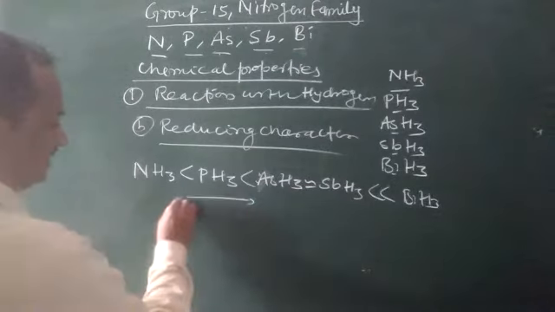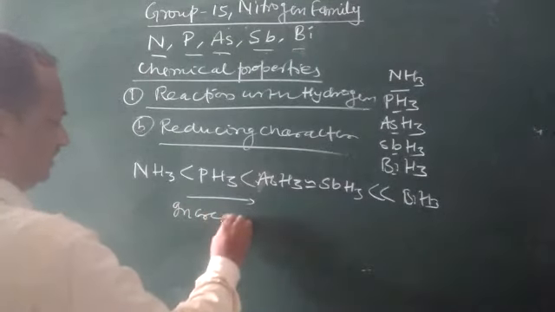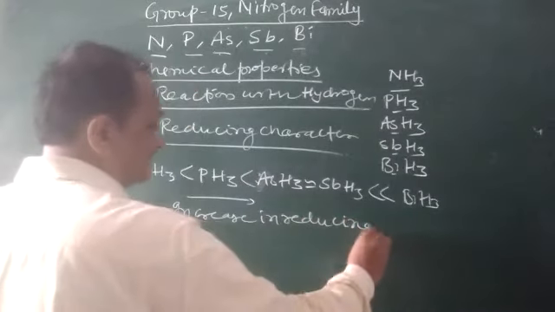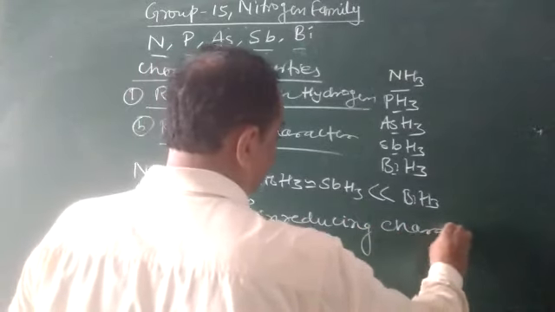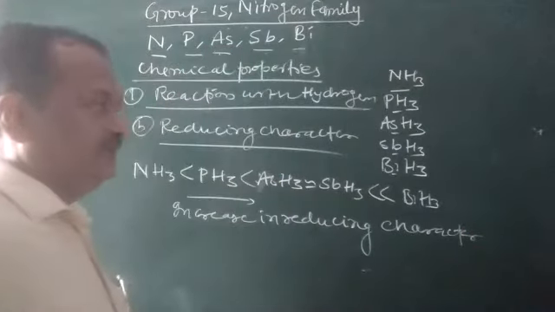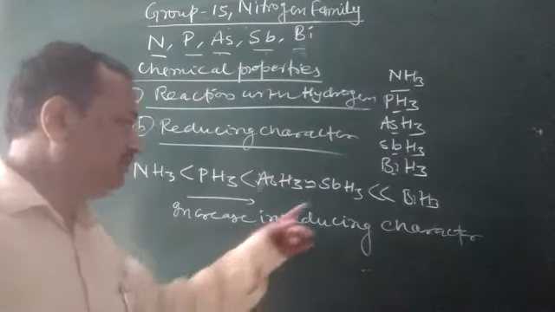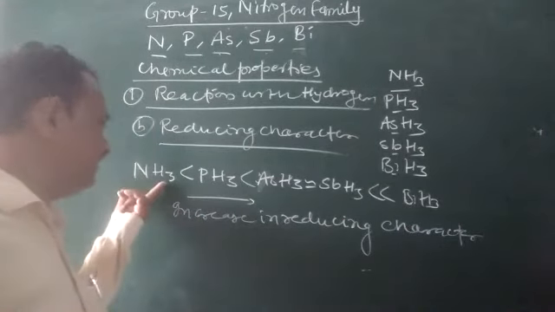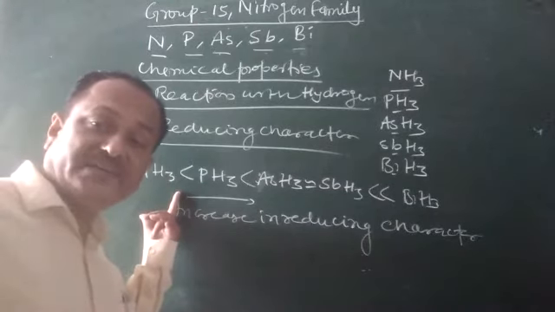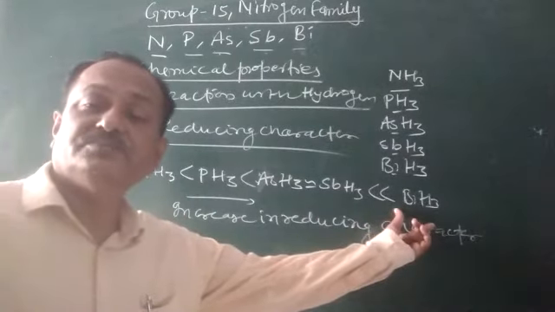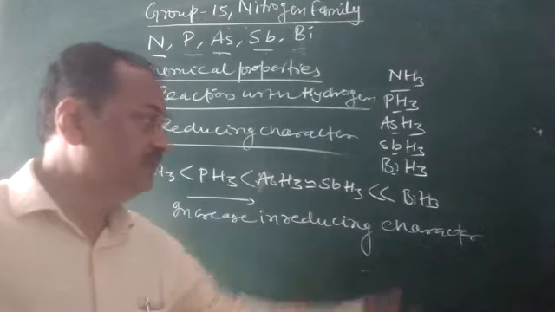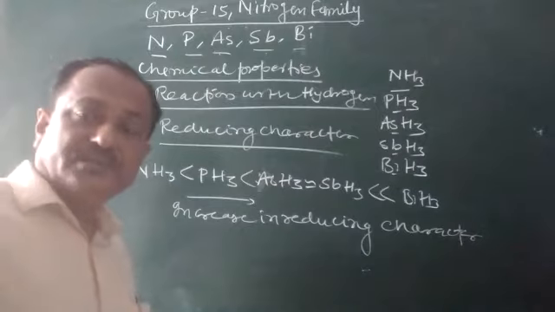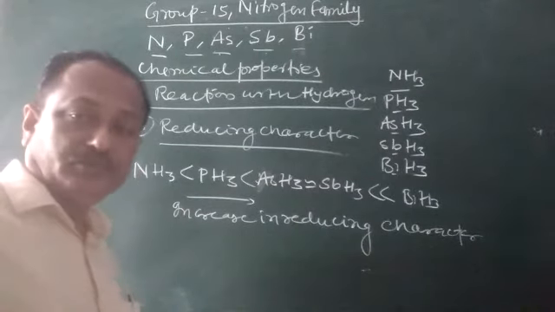There is an increase in the reducing character. Why? Because bismuth has larger size. Nitrogen is smallest in size, so in this the hydrogen atoms are bonded by very strong force of attraction. Here, hydrogen atoms are attached to bismuth by very poor force of attraction. So reducing character increases down the group.